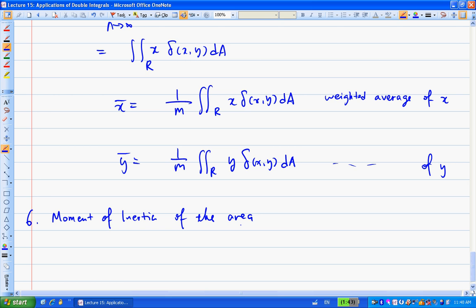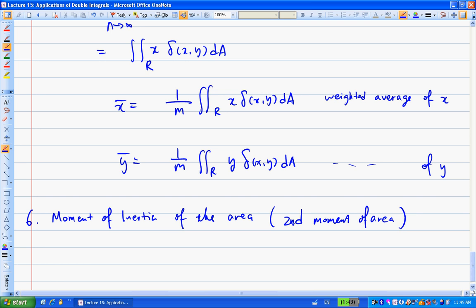Why is it area? Because it's a thin plate, represented by the region R here. So this is not the moment of inertia of a 3D object yet. In mechanical terms, sometimes this is called the second moment of area.